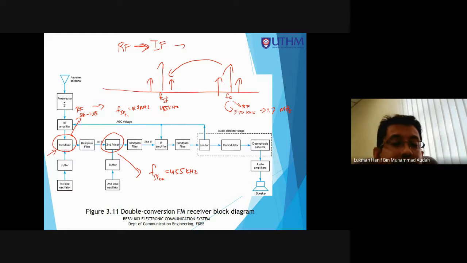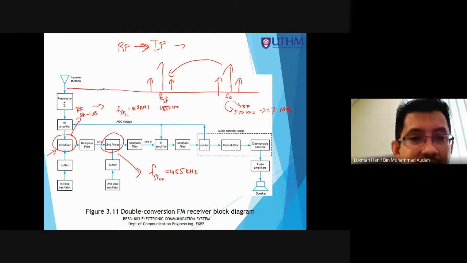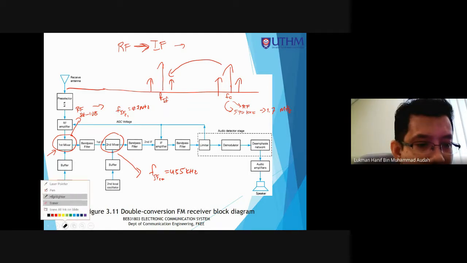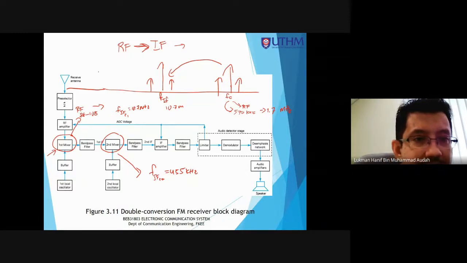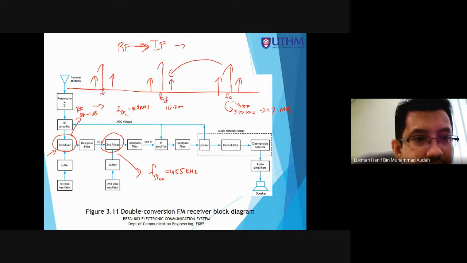Maknanya untuk FM kita perlu down conversion 2 kali, okay, 2 times. Maknanya kalau saya lukis gambar ni, di sini adalah 10.7 mega, okay. And then ada lagi di sini, okay, so center di sini adalah FIF, center pada 455 di sini.